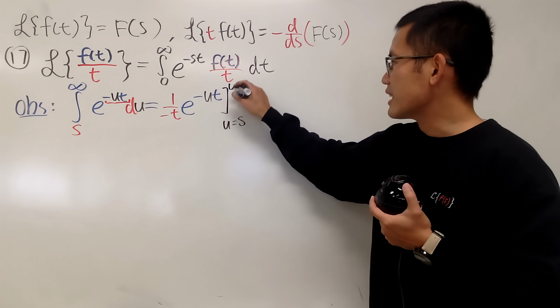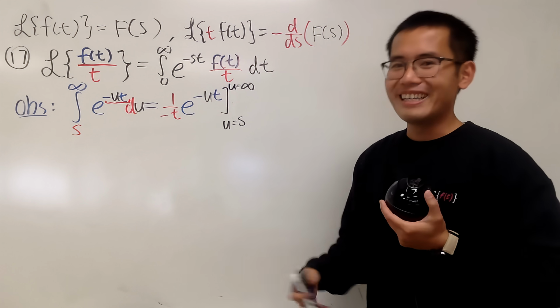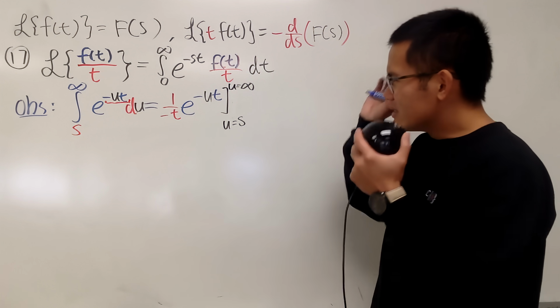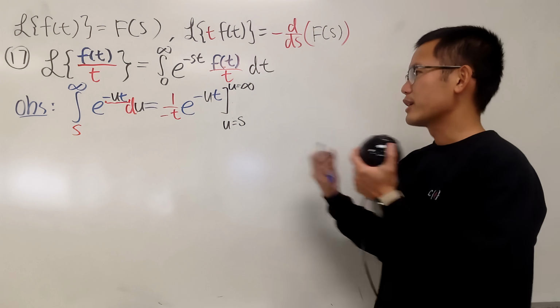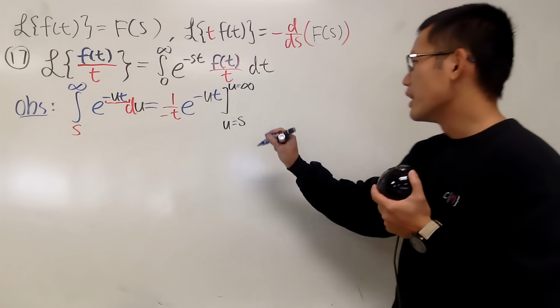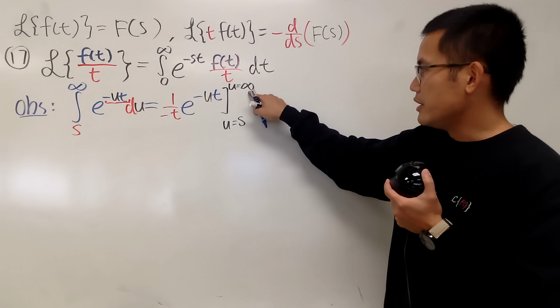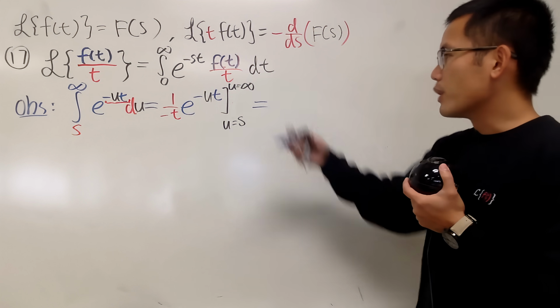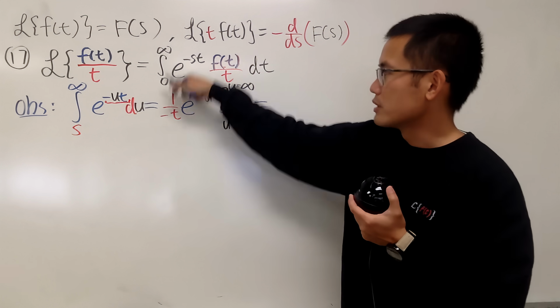And again, this is just how you can be slightly technical, and this is just the observation that we're making. I don't want to tell you guys, hey, just do that and then you will get the answer. But this is the thing that you have to do a little bit on your own sometimes to make sure that you can actually get this to work. But anyway, let's continue. u is infinity here, you put it here, and of course t is greater than 0 because originally t is going from 0 to infinity.